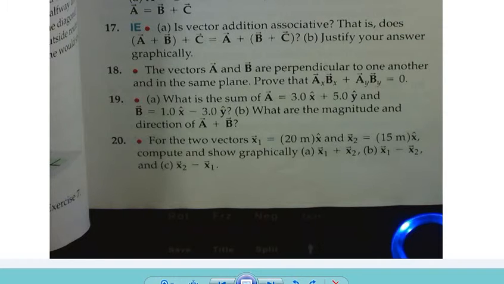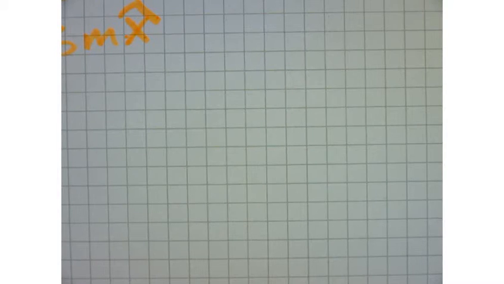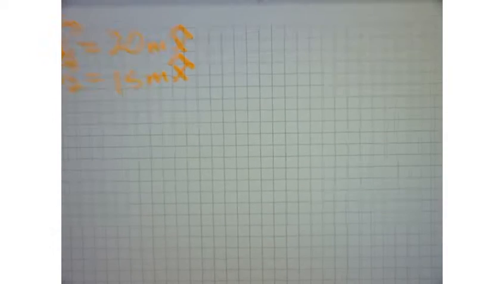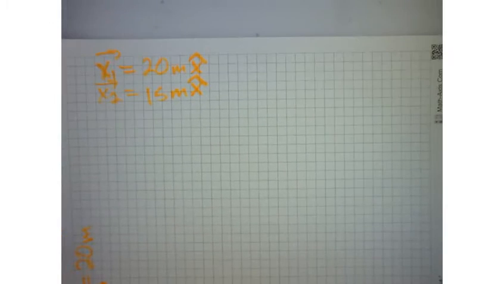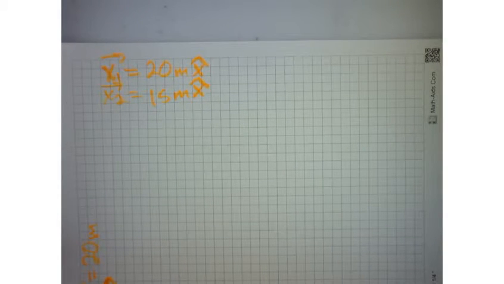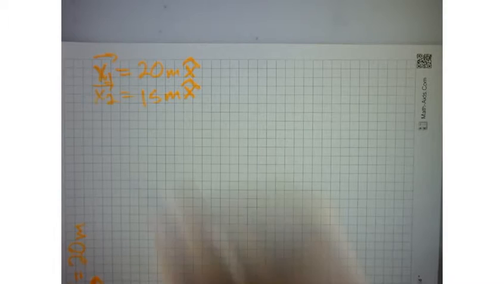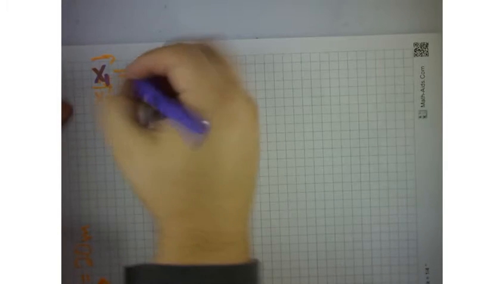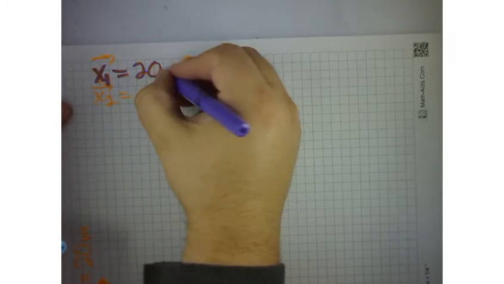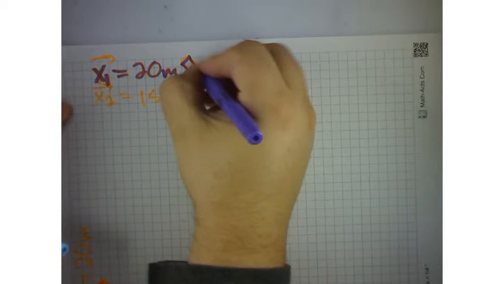So now that I've got that written down, let's take a look. I have 2 of these, and let's choose purple and blue. Can you guys see the orange okay? Yep. So my purple vector is 20 meters times x hat.